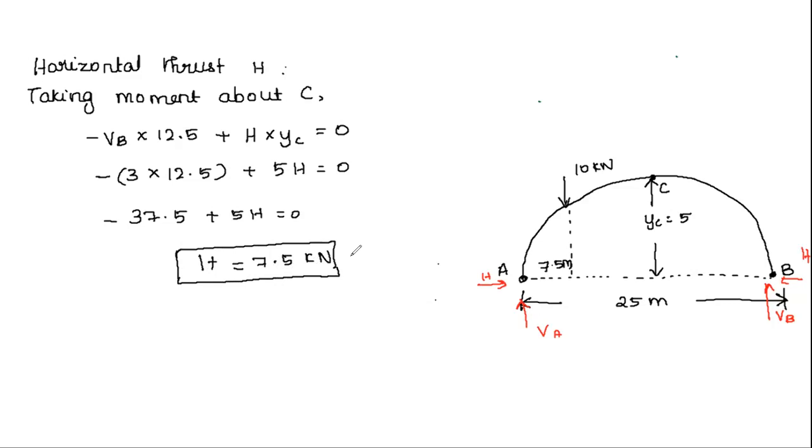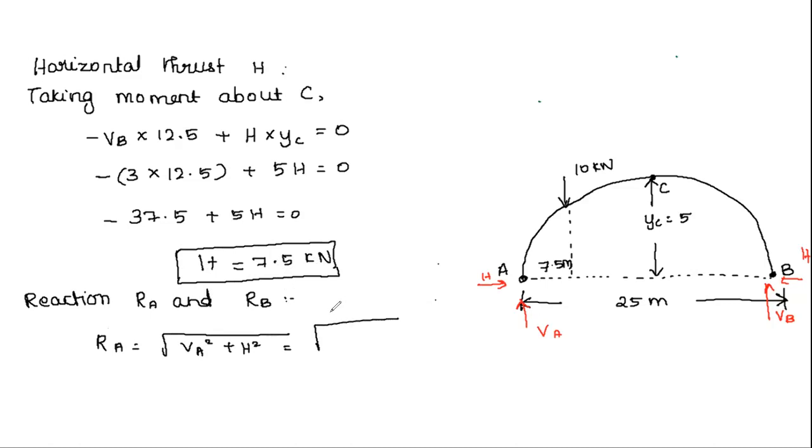Let's move on to the second one, that is reactions RA and RB. RA is equal to root of VA square plus H square, and we know the value for VA is 7, so 7 square plus 7.5 square, which is equal to 10.26 kilonewton.